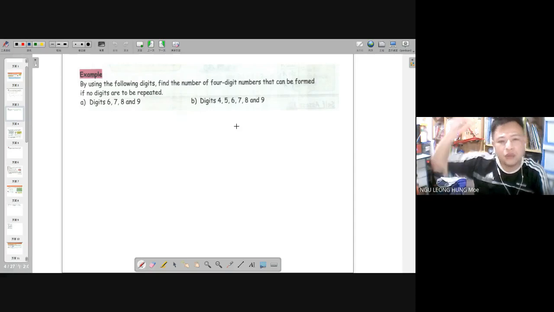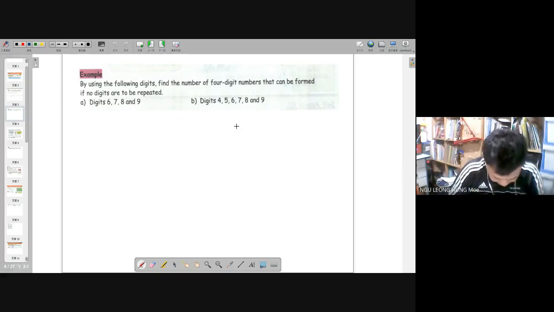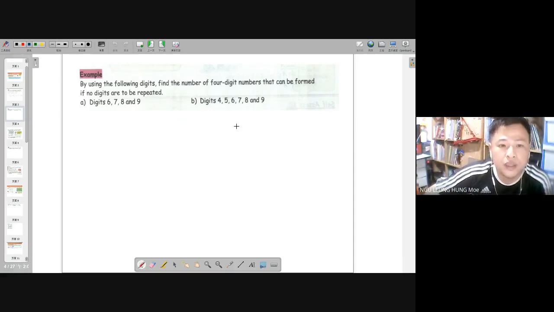Okay. By using the following digits, find the number of 4-digit numbers that can be formed if no digit is to be repeated. You see, this is a condition.